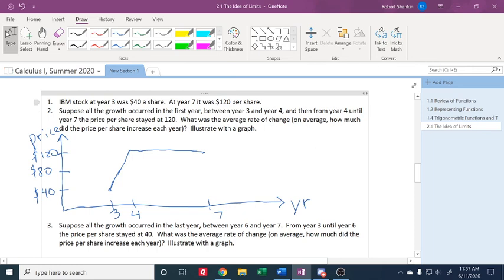These are the only really important numbers. In year 3, it was $40 per share. In year 7, it was $120 per share. So if that's the case, then let me clarify this. Then we're looking at what's the average increase per year.